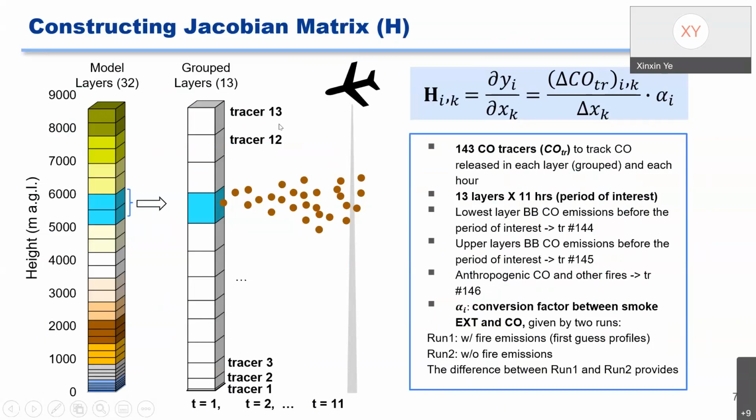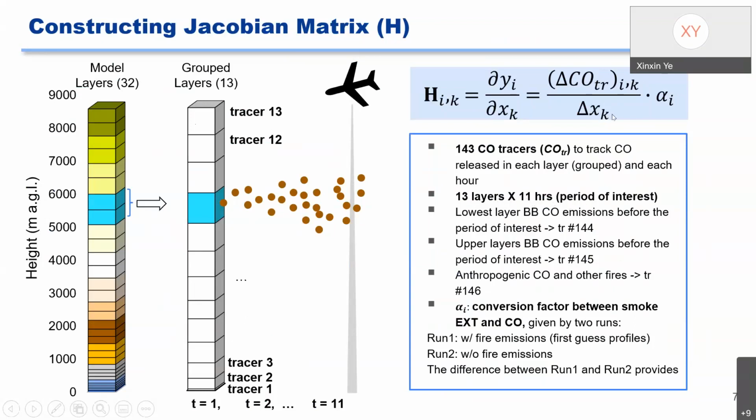To save some computation resources, we regrouped these levels into 13 groups and use 13 tracers to track the CO emitted from each level of these grouped layers. So there are 142 CO tracers in total. These are tagged to the emissions from 13 layers per hour and times 11 hours of the period of interest.